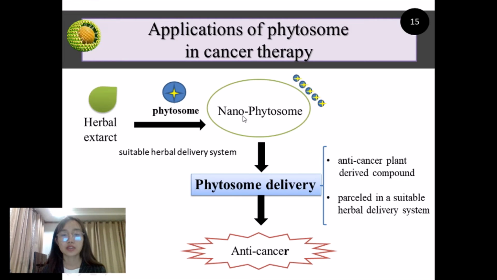This is nanophytosome, which is used as a phytosome delivery of anti-cancer plant compounds and serves as a suitable herbal delivery system in the treatment of cancer cells and anti-cancer.